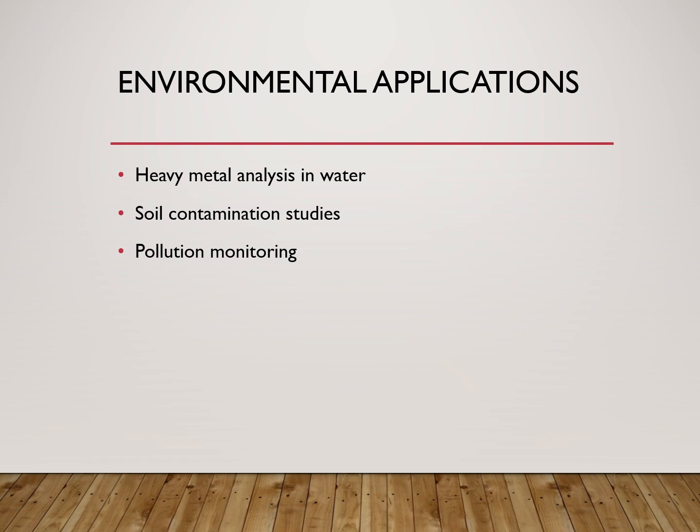In environmental analysis, atomic absorption spectroscopy is used to detect heavy metals like lead, cadmium, mercury and arsenic in water, soil and air samples. So it is useful for soil contamination studies and pollution monitoring also.